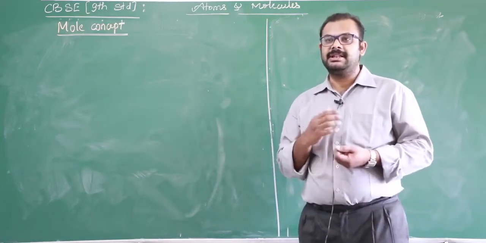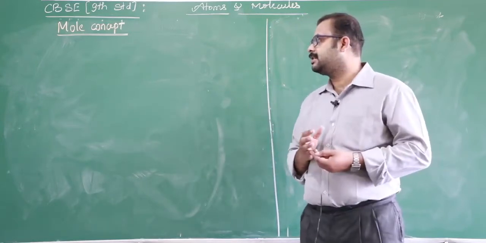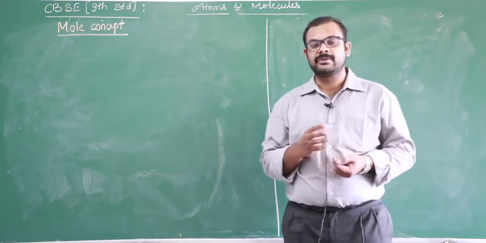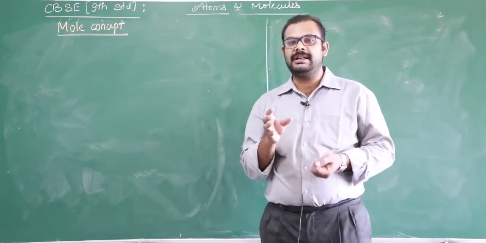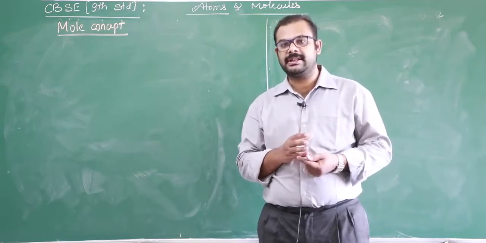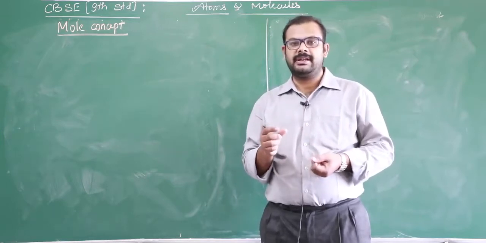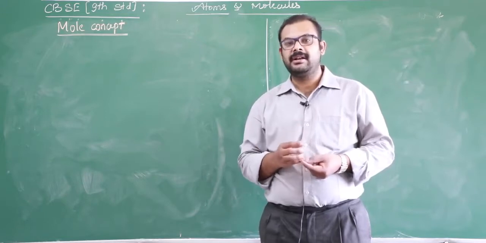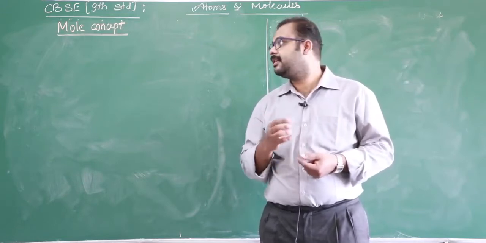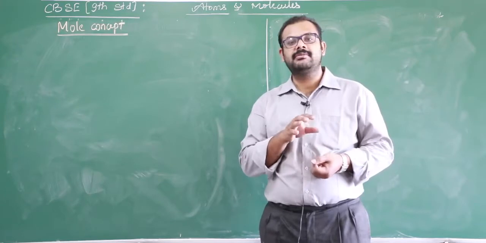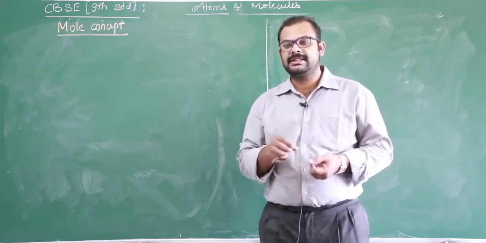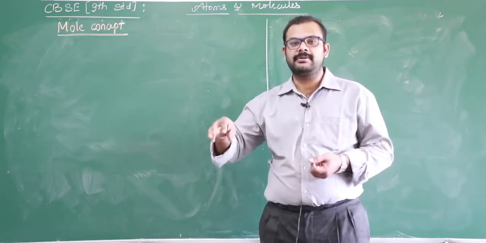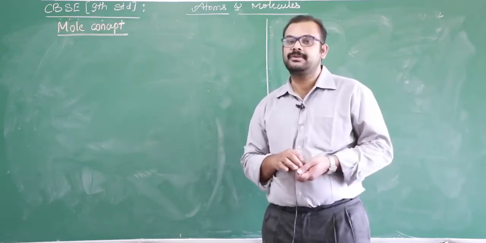Just in order to understand this mole concept, let's give one particular example. In the case of a bank, they will have different denominations of coins. A 1 rupee coin has some particular weight and a 5 rupee coin has a particular weight. When they get the coins, they separate them as 1 rupee, 2 rupees, 5 rupees, different denominations.